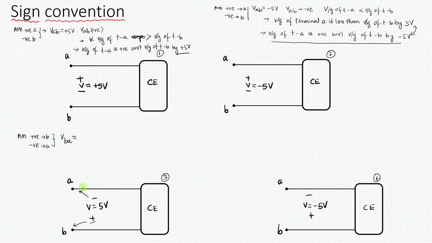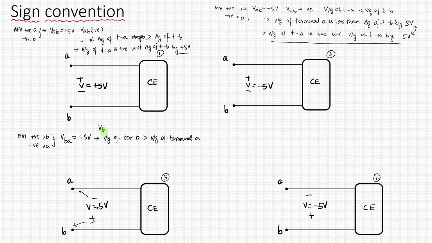And what is the value that you have got? You've gotten the value to be equal to plus 5 volt. So VBA is equal to plus 5 volt. What is the conclusion that you can make? You can conclude that the voltage of terminal B is clearly greater than the voltage of terminal A. Why?